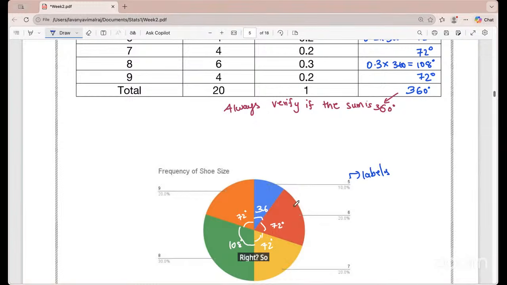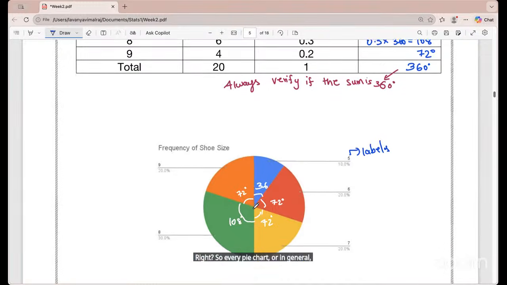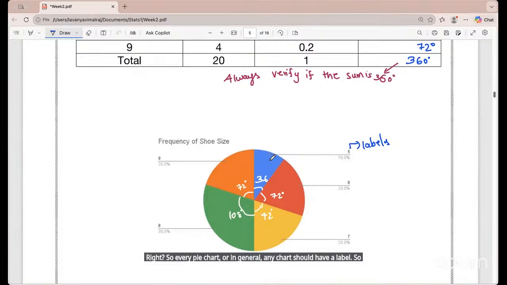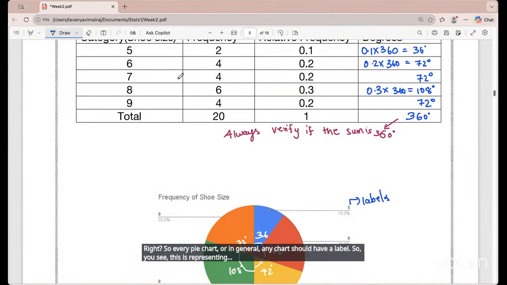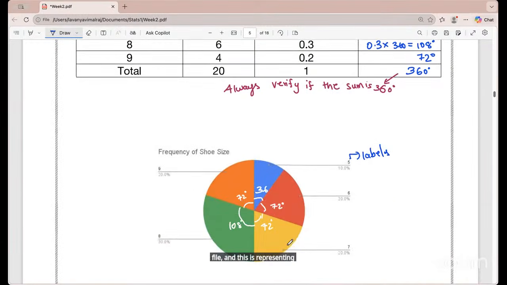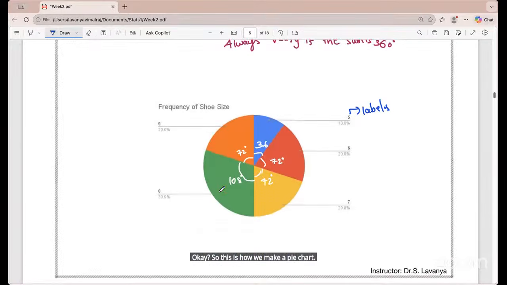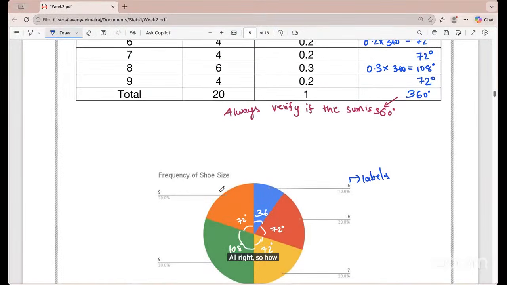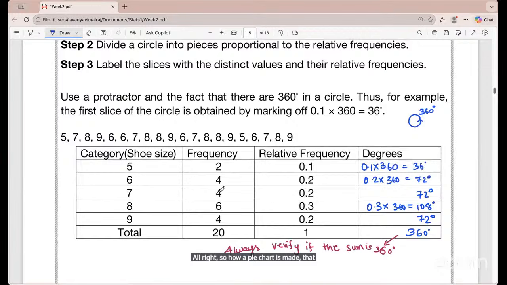Every pie chart, or in general any chart, should have labels. This is representing 5, and this is representing 6, 7, 8 and 9. So this is how we make a pie chart. How a pie chart is made, that is clear for everyone, right?